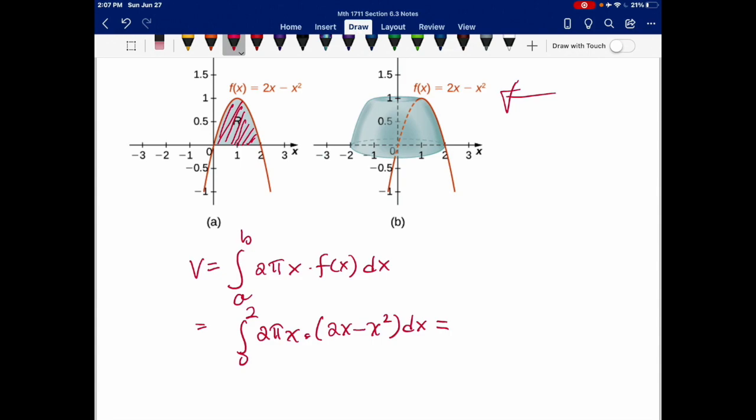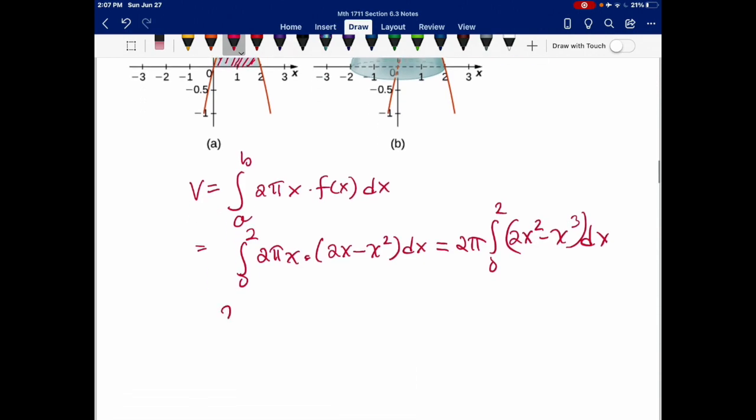I'm going to take 2 pi x times f of x, which is 2x minus x squared, dx. Now to simplify that, we're just going to multiply through by the x. I can pull the 2 pi out in front to make it less complicated. So I'm just going to distribute the x, and I get 2x squared minus x to the third dx.